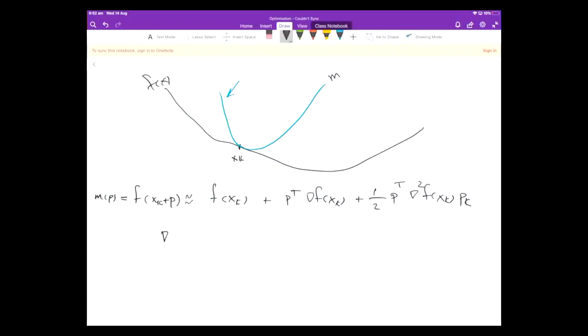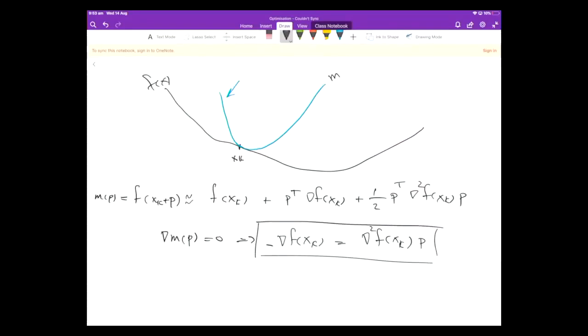So I set grad of m of p equal to 0. What do I get? Take derivatives. It becomes grad of f of xk equal to, minus the Hessian times p, right? Took derivative with respect to p.